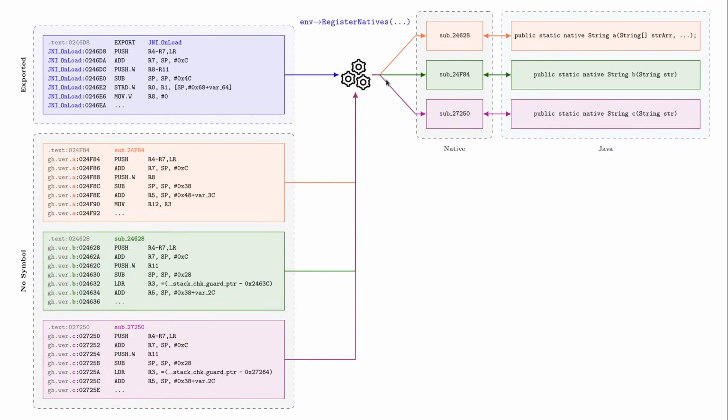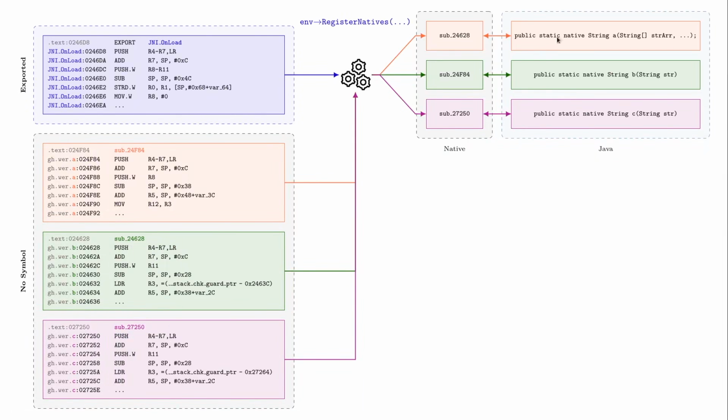So in the JNI onload function, you have one specific JNI function, which is RegisterNatives. The purpose of RegisterNatives is to bind an offset in the library with the declaration in Java. So by calling RegisterNatives, you have a bridge between the native implementation and the Java declaration.